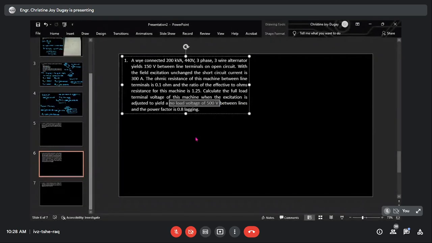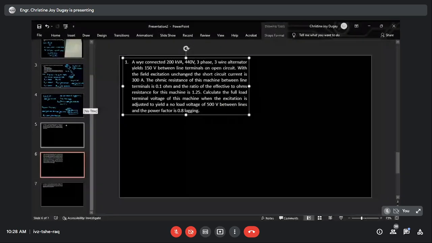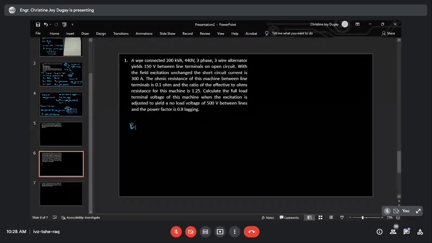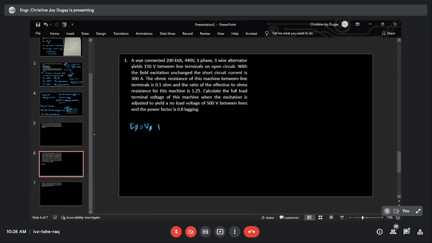So, using the formula of E phase po natin, that is equal to V phase plus I phase Zs. So, meron ng value ng E phase natin. Yan. And V phase ang tinatanong. So, yan ang hahanapin natin.